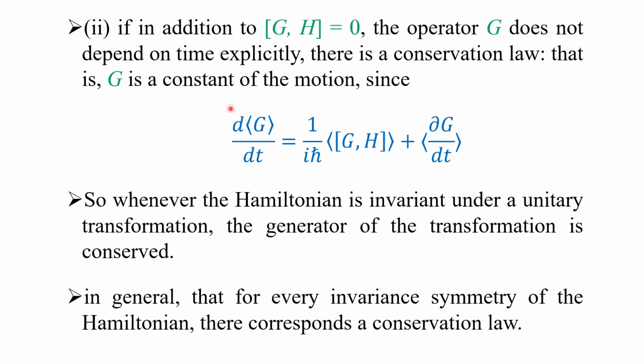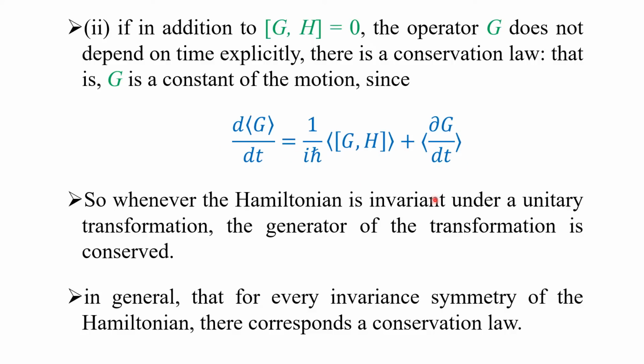Since we know from the Heisenberg equation, we have seen it, the time derivative of the expectation value of G is equal to 1 over i h cross times the expectation value of the commutation of G with H. If G explicitly depends on time t, then one extra term will come. That is, 1 over i h cross expectation value of the commutation of G with H plus the expectation value of delta G over delta t.